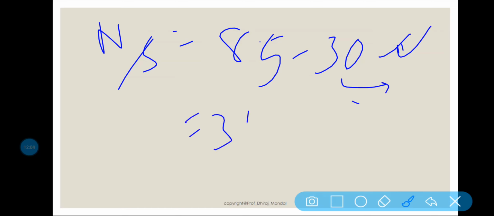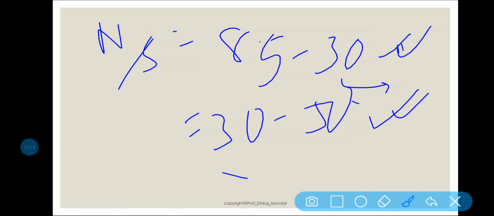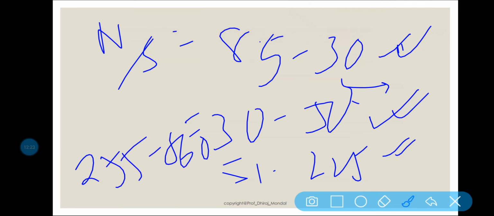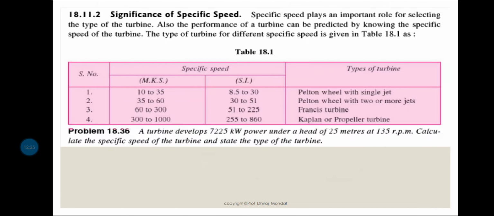If it is 30 to 50, then it is called a Pelton wheel with two or more jets. If it is 51 to 225, then it is called a Francis turbine. If it is 255 to 860, then it will be called a Kaplan turbine or propeller turbine.